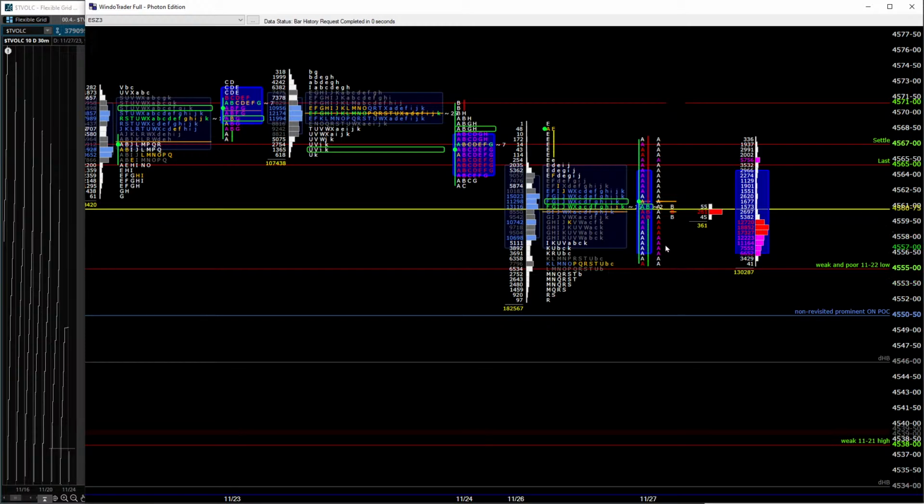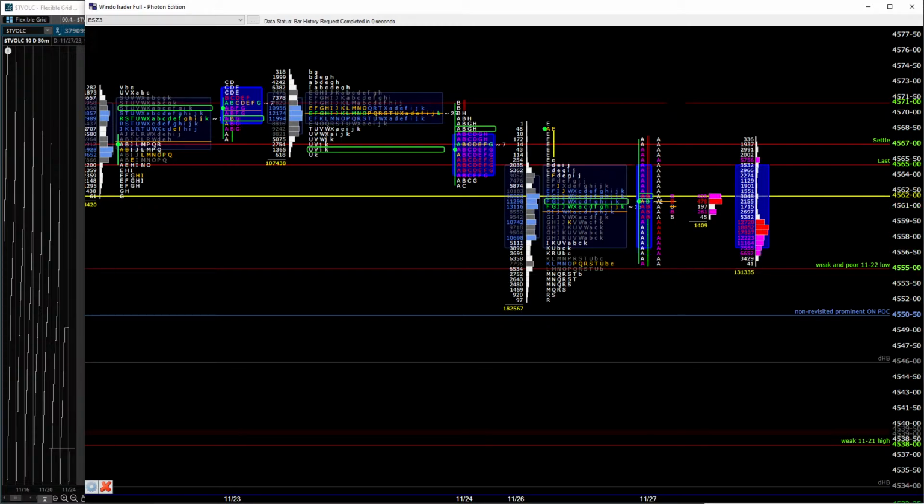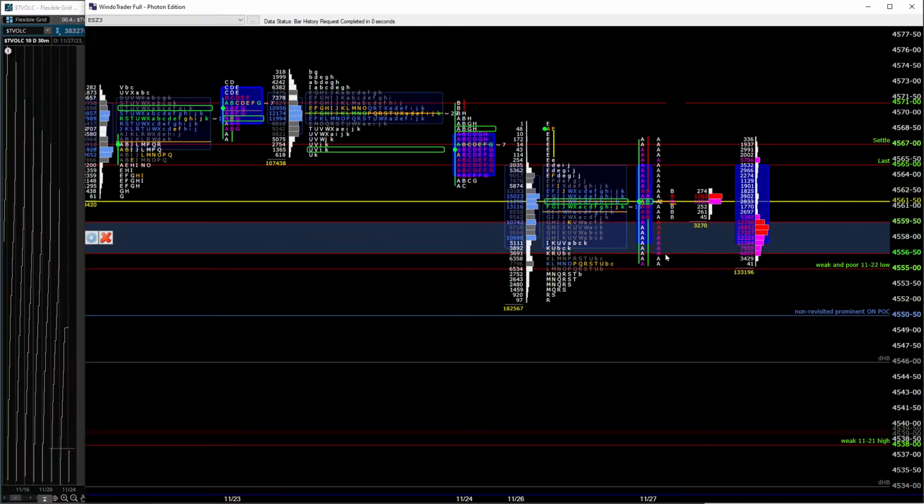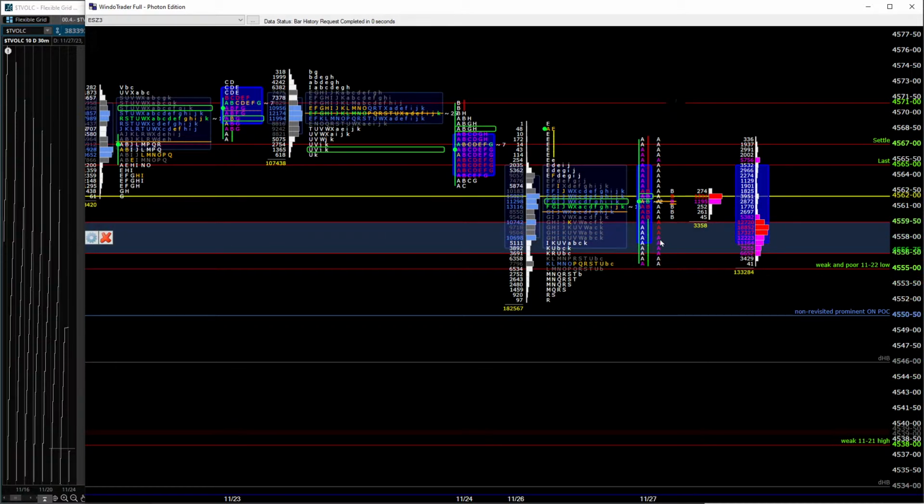Now selling coming from hard back is not good here. This is not good. I want to see what the market does here, right? Notice this area here. There's a lot of volume in this area.